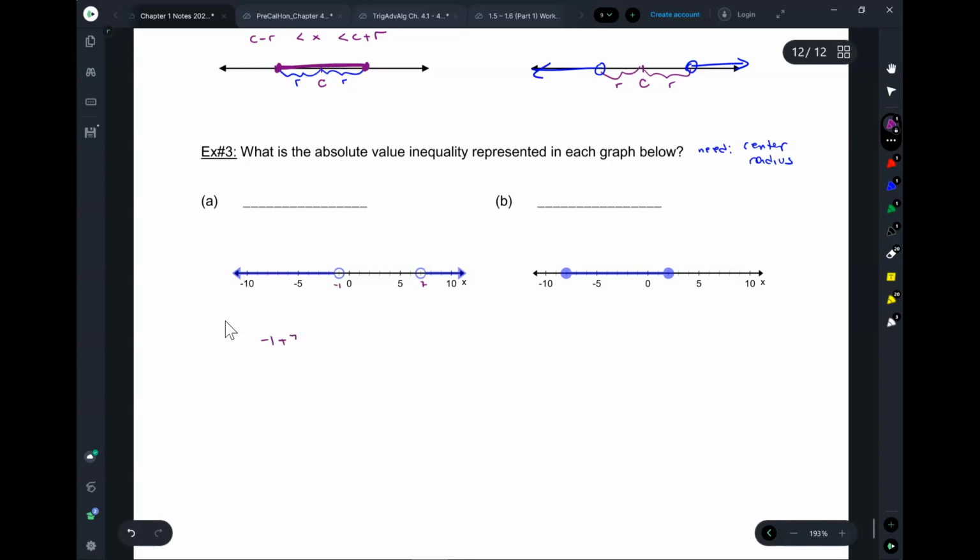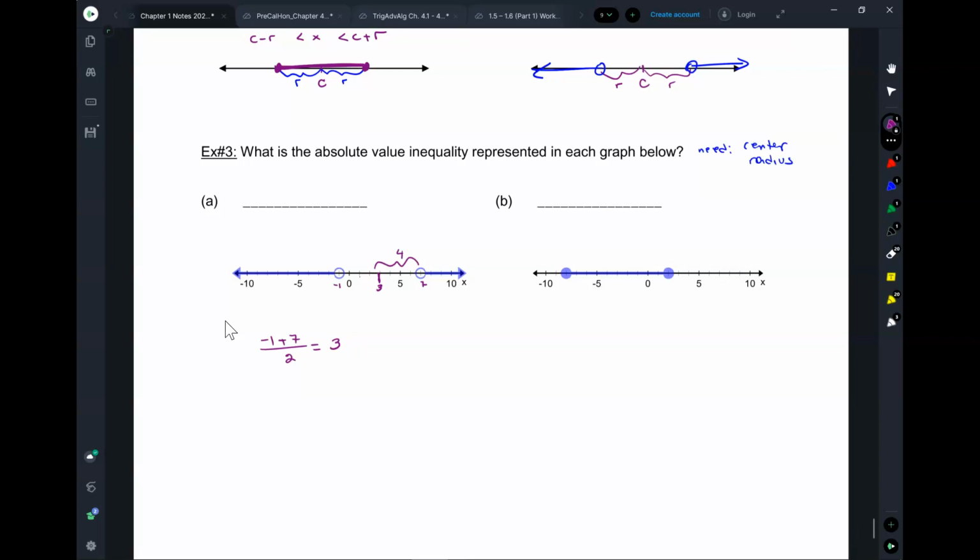To find the midpoint of 2 points, you add them, divide by 2. So you get 3. So the center is 3. And what's the distance from the center to one of the outer points? Like from 3 to 7, that's a distance of 4, right? So 4 is your radius.